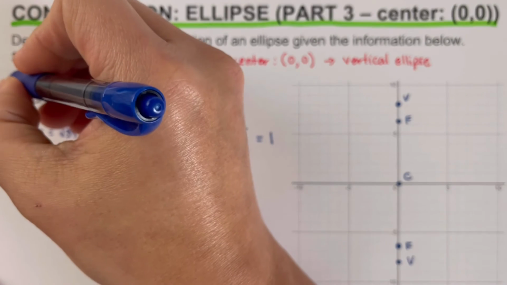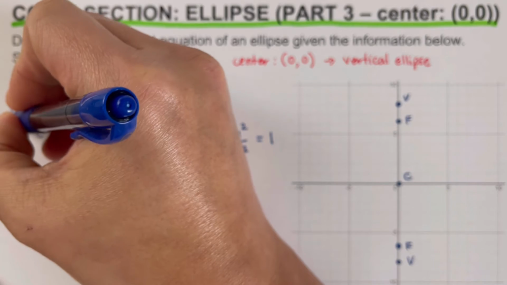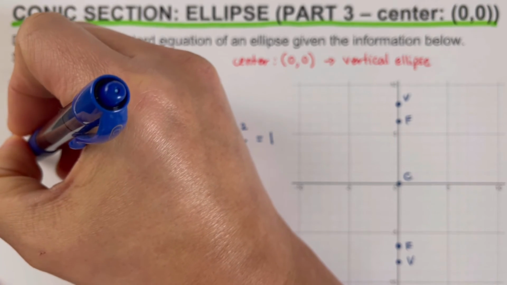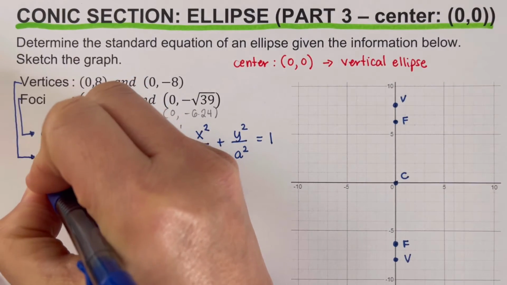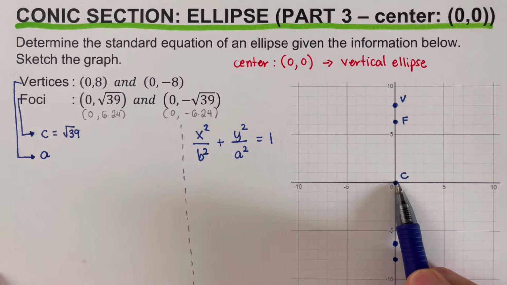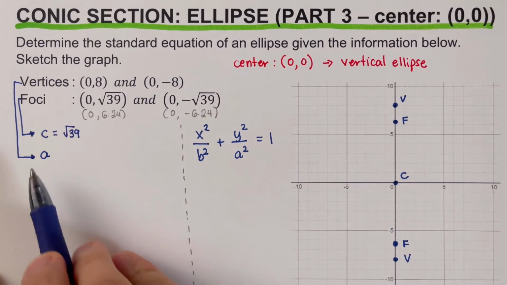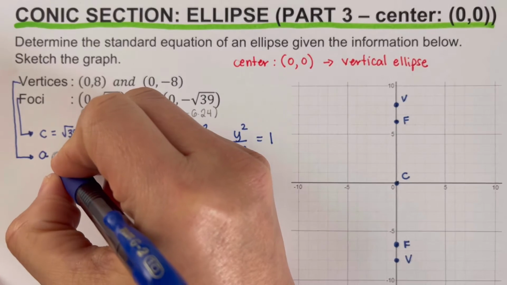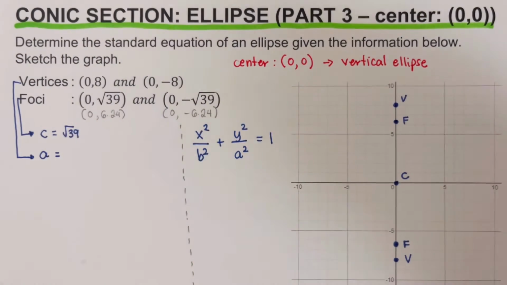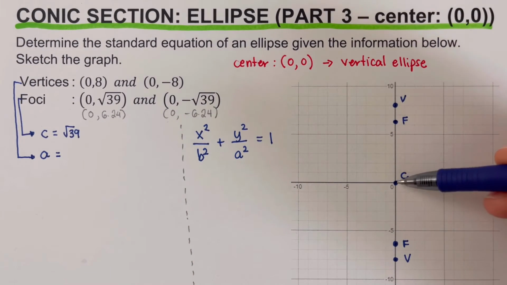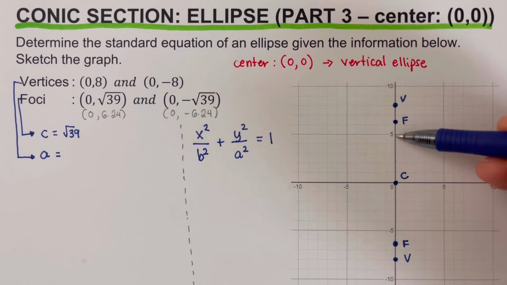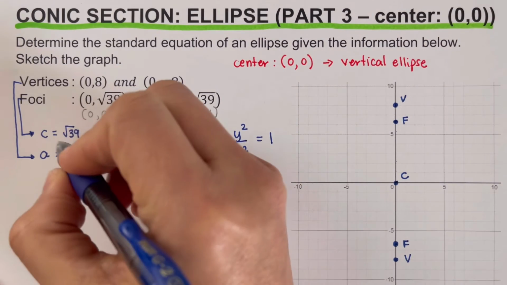Now we remember that the vertex location is represented as letter a. That is the distance from the center to the vertex, and again, that is represented as letter a. So in this case, from the center to the vertex, if we count it, 1, 2, 3, 4, 5, 6, 7, 8. So it is 8.